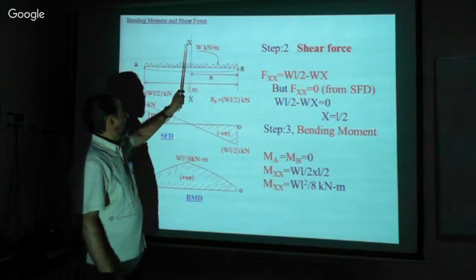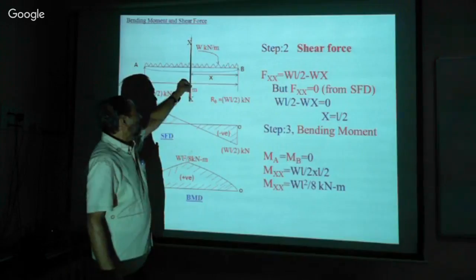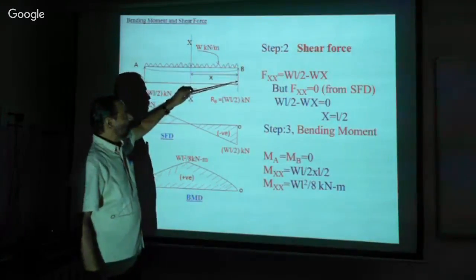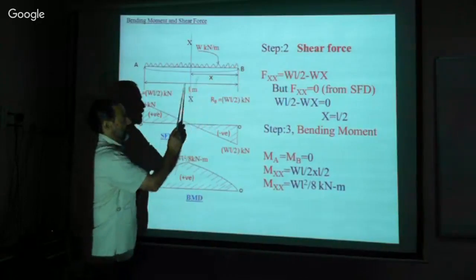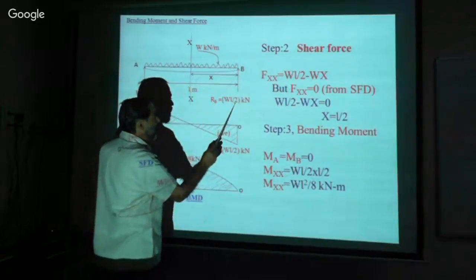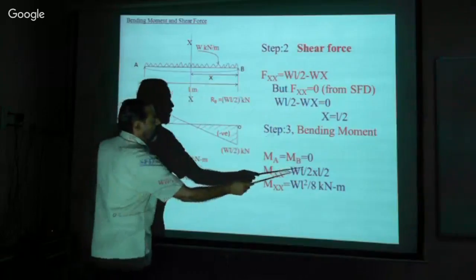Therefore, bending moment at XX is equal to WL by 2 into L by 2.